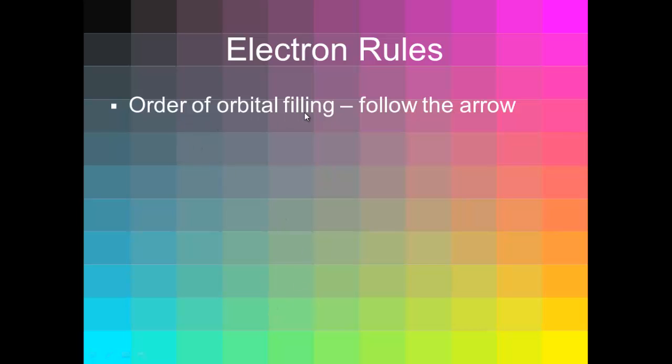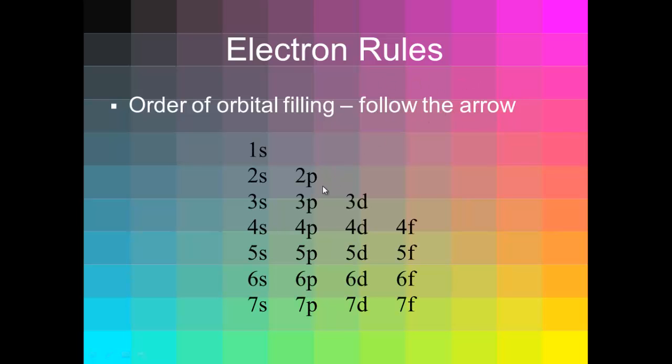So the order of orbital filling. Imagine, again, the electrons are filing into the atom one by one. Where are they going to sit? The rules for how you use this: just follow the arrows. First thing you need to do, though, is draw yourself a grid on your notes. It looks a little intimidating at first, but it's not too bad when you break it down into its pieces.